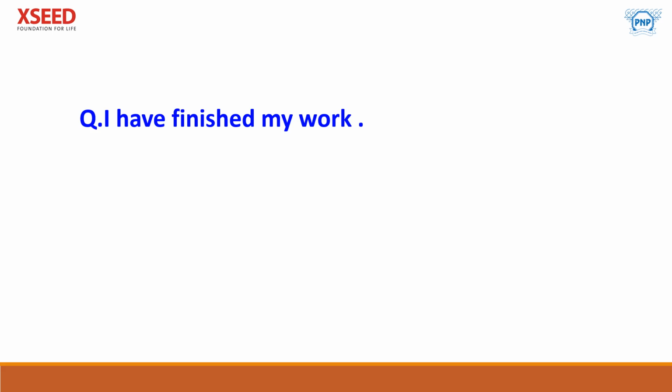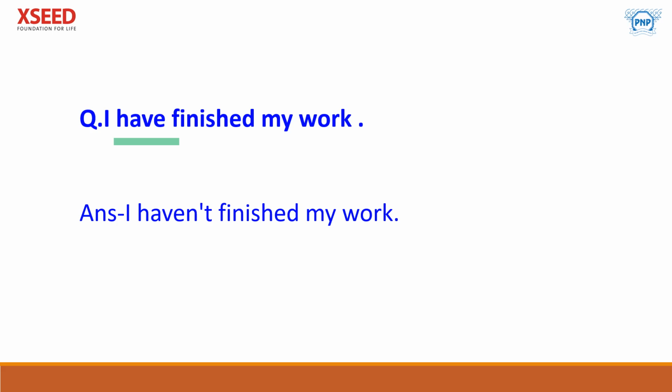We use hasn't or haven't according to the subject of the sentence, followed by the past participle form of the verb to make negative sentences in present perfect tense, such as I haven't finished my work. This have shows this sentence is an example of present perfect.